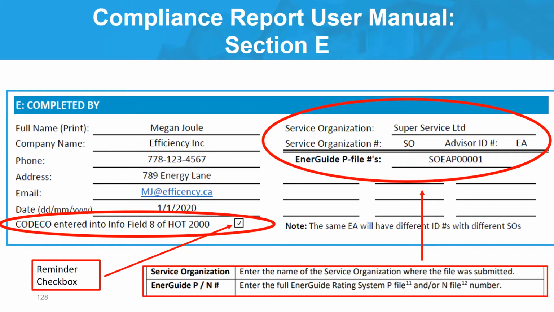There's also an important reminder in this section to enter this code into info field 8 of HOT2000, and that allows stakeholders in British Columbia to know that that HOT2000 file is a BC Energy Step Code file. Whether the utilities, province, or others request that information, they can request all of the files that have been done for the BC Energy Step Code in British Columbia and get that data from Natural Resources Canada.